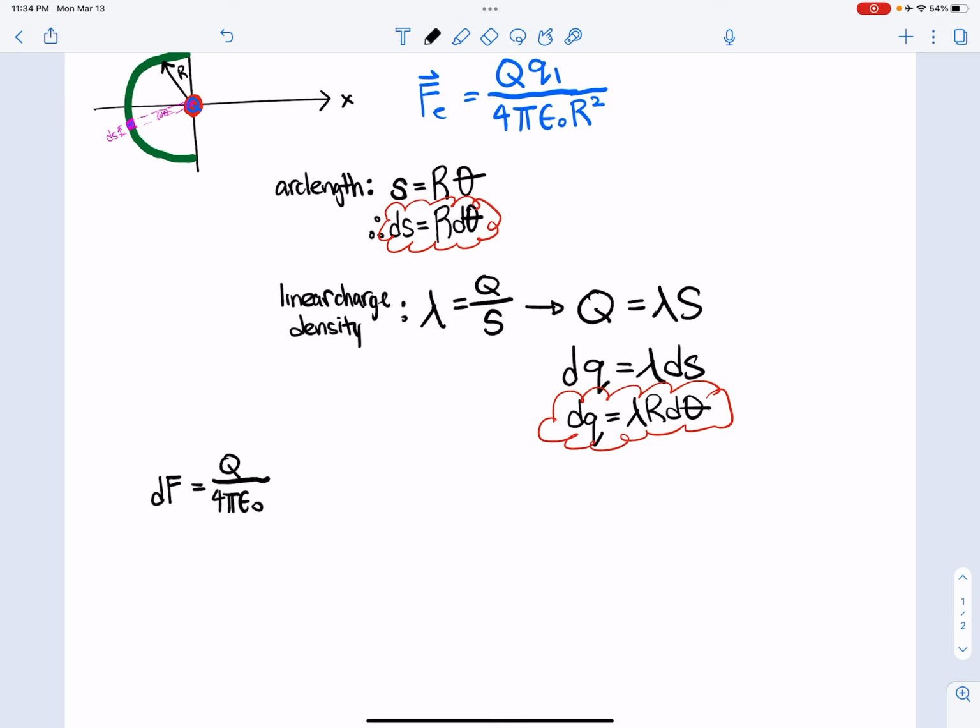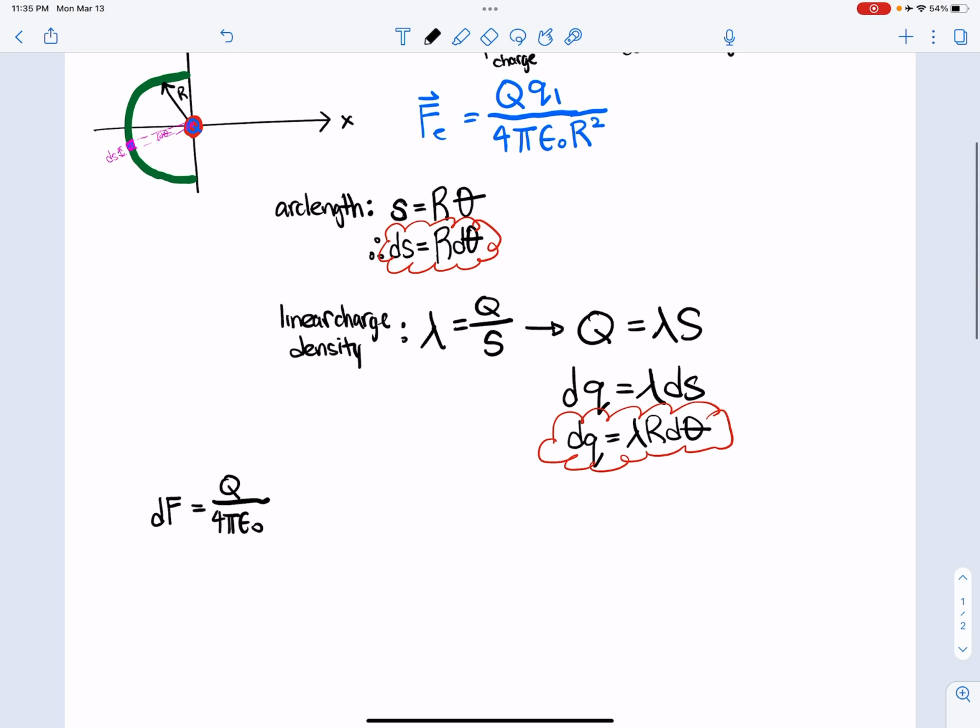And instead of Q1, the source charge for this whole thing, I don't want that whole thing right now, I just want this tiny thing. So instead of Q1, I'm going to put dQ, the charge for this tiny segment, and divide that by r squared.